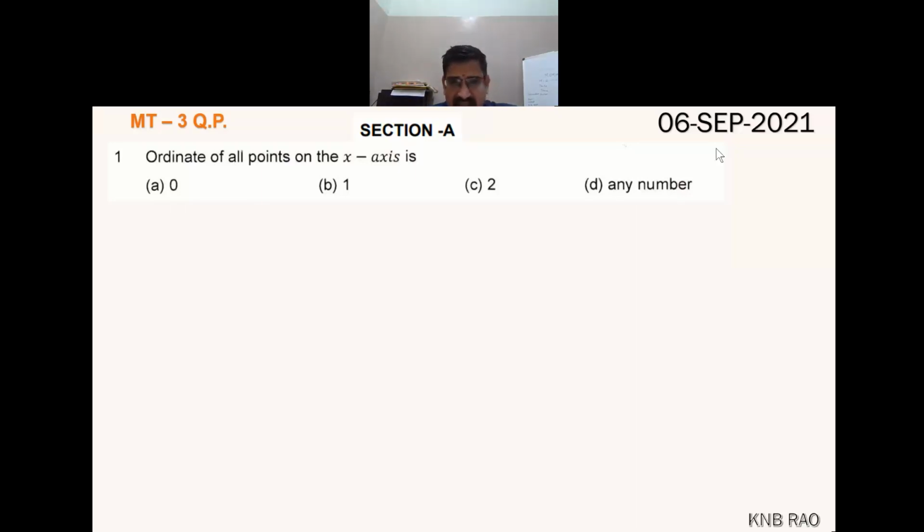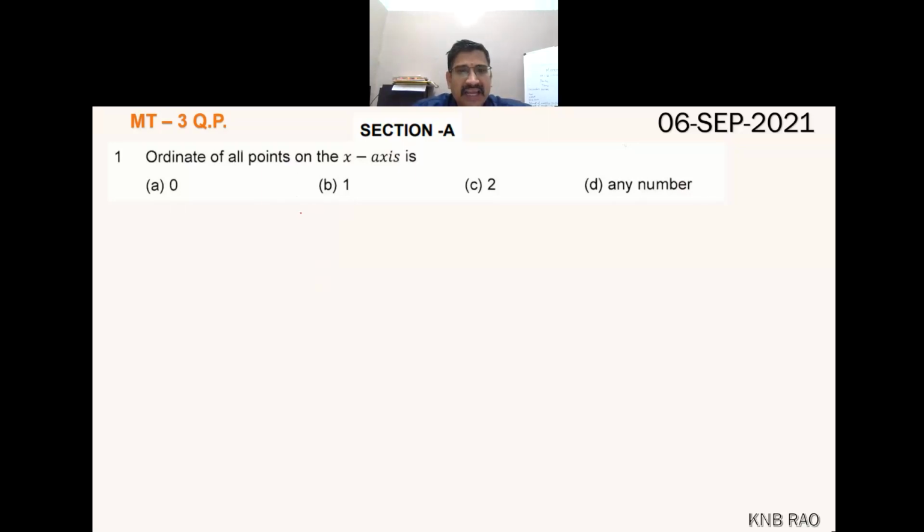Most of the questions I discussed with you. Only thing is, I might have changed ordinate of all the points on x-axis. That while discussing, I might have asked about abscissa. So you need to know the concept. Maybe little things, numbers I have changed, except that all questions which I have discussed, they are there.